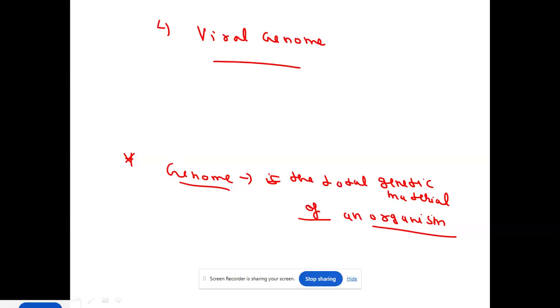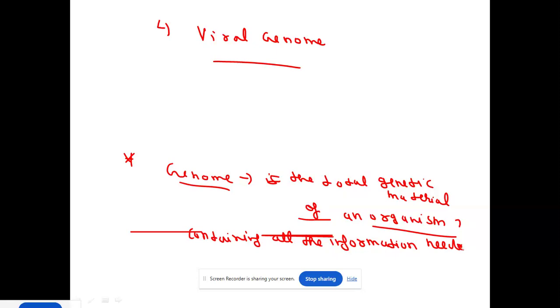And that total genetic material is containing what? It is basically containing all the information needed for its structure and functions.